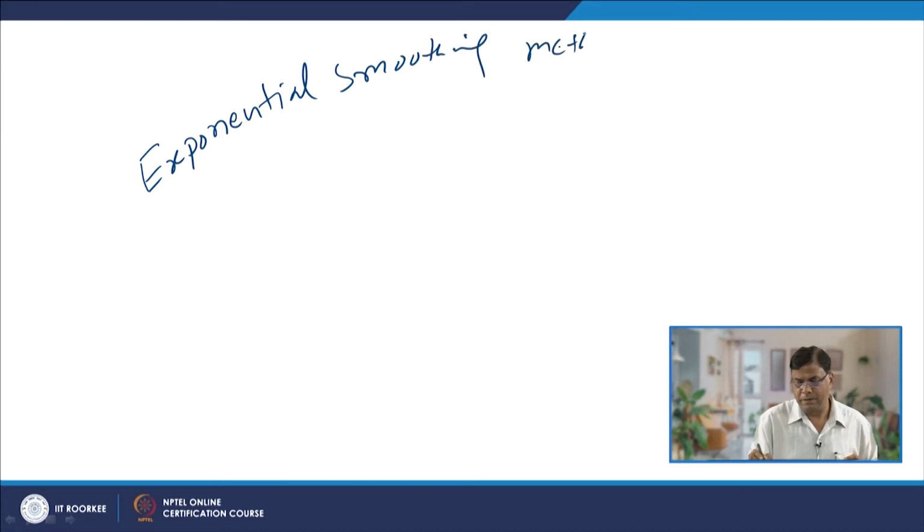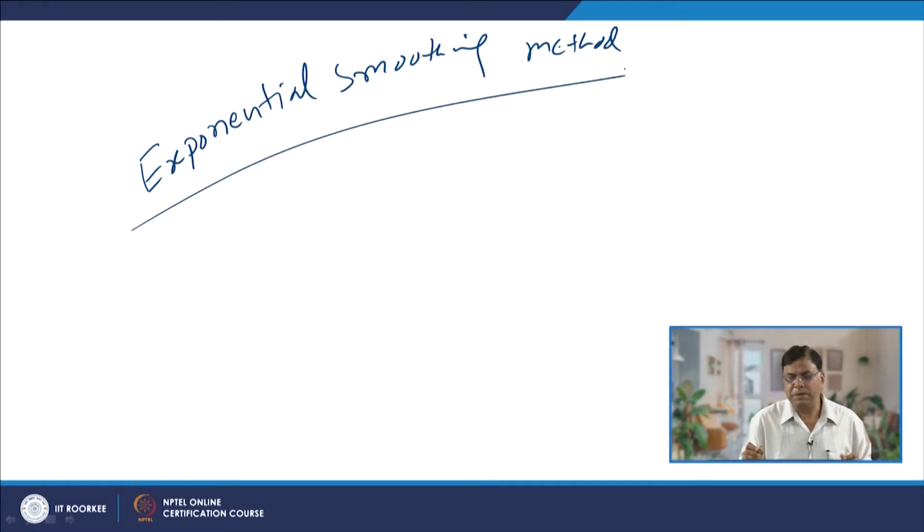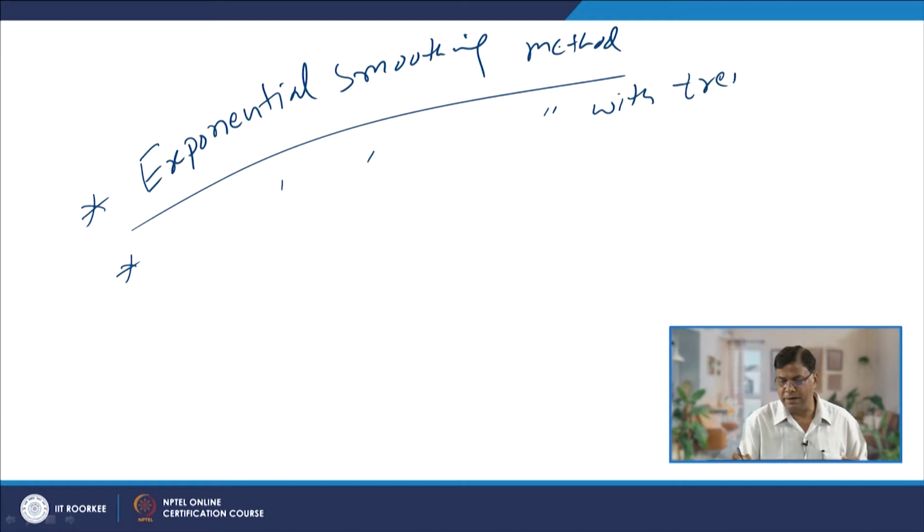We will be starting with the exponential smoothing method, and it comes with a lot of variations also, like the simple exponential smoothing method, then the exponential smoothing method with consideration of the trend if it is present in the demand pattern.